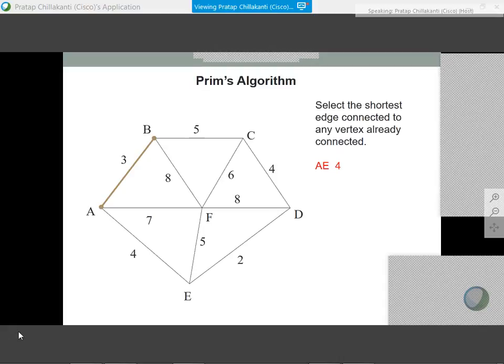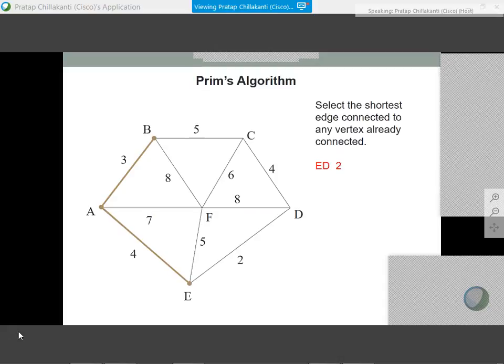So if you see the edges connected to A, they are 4 and 7, and the edges connected to B are 5 and 8. Right? So out of the 4, 7, 8, 5, you select 4. So that means AE is selected. Now you have A, E, B. So you have to select the shortest edge connected to all of them. Visually it looks like what?